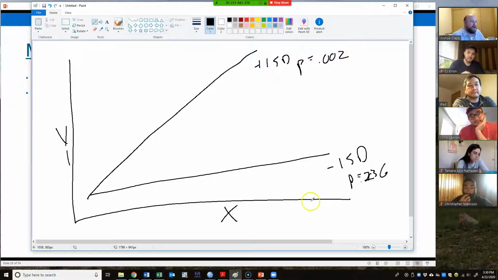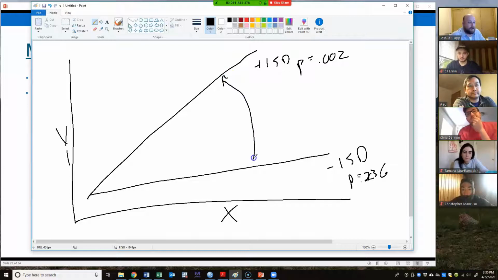At what point in this range, what value of my moderator do I have to get to make that a positive slope, or evidence of a positive slope? I'm not sure. Yeah, me neither, because it doesn't tell me that, right?